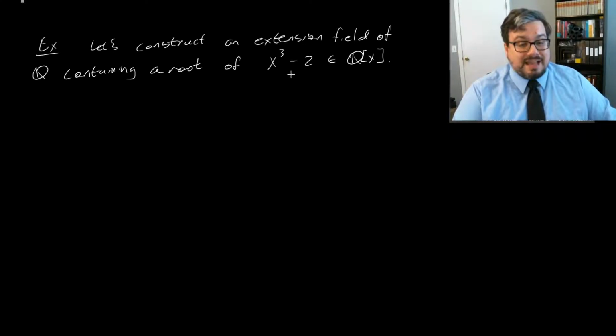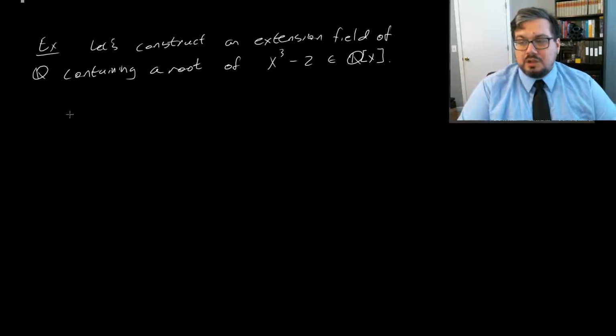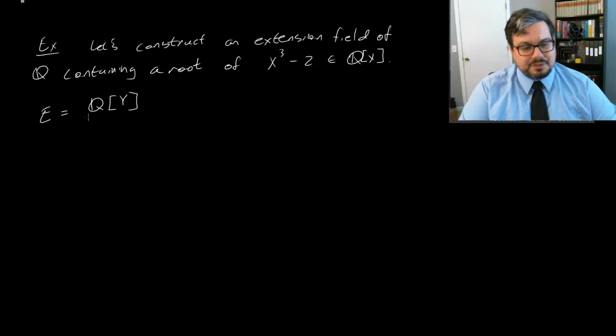Now, first of all, notice that x cubed minus 2 is itself irreducible. So we can let E be the field where we take Q adjoin Y, so polynomials in the indeterminate Y over Q, mod by y cubed minus 2.